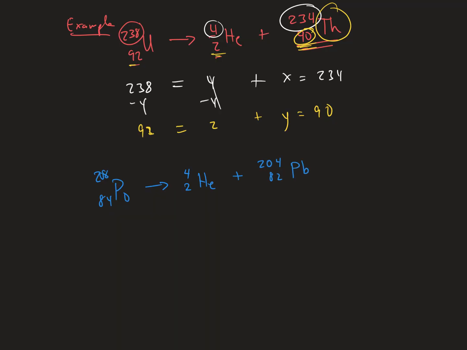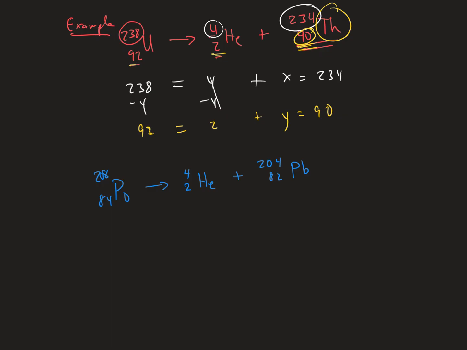Can you guys do this? Do you like the math equation better? Then use it. When we do beta, most people make mistakes on beta. Alpha is pretty straightforward, but with beta we have to deal with a negative number, and that's where we make mistakes.